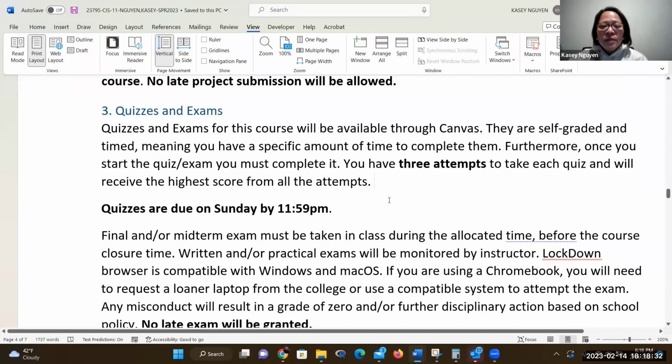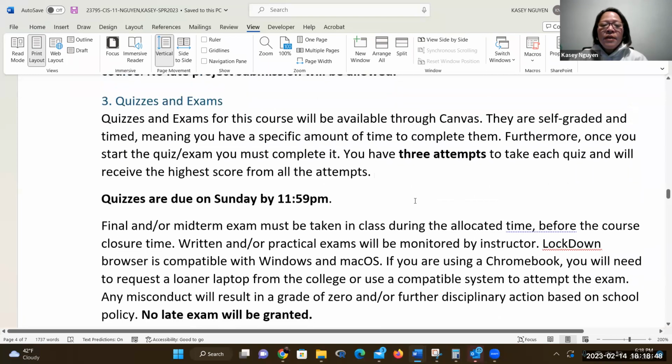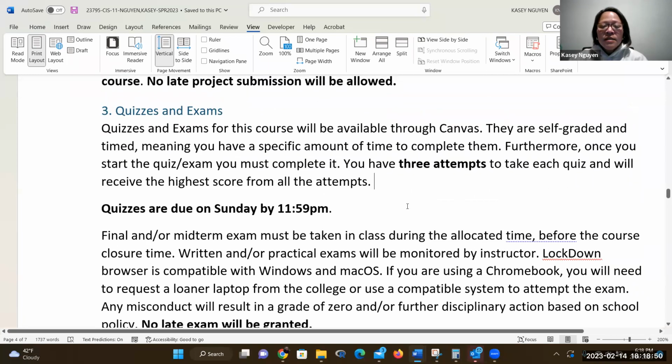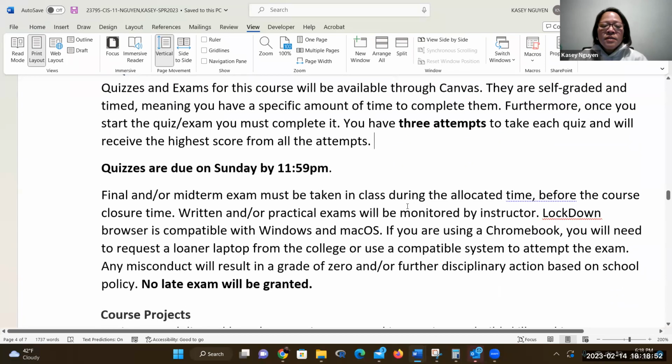There is no midterm exam. I will have a final exam, which covers all the concepts that we go over in this course. Some parts are programming, and some parts are concept based. The final exam is going to be via Canvas, and you will need to use Lockdown Browser.